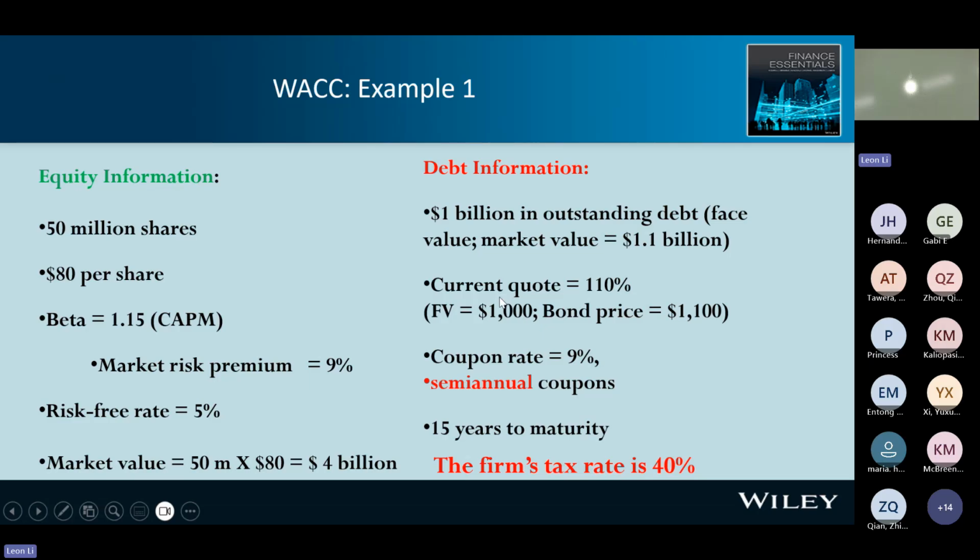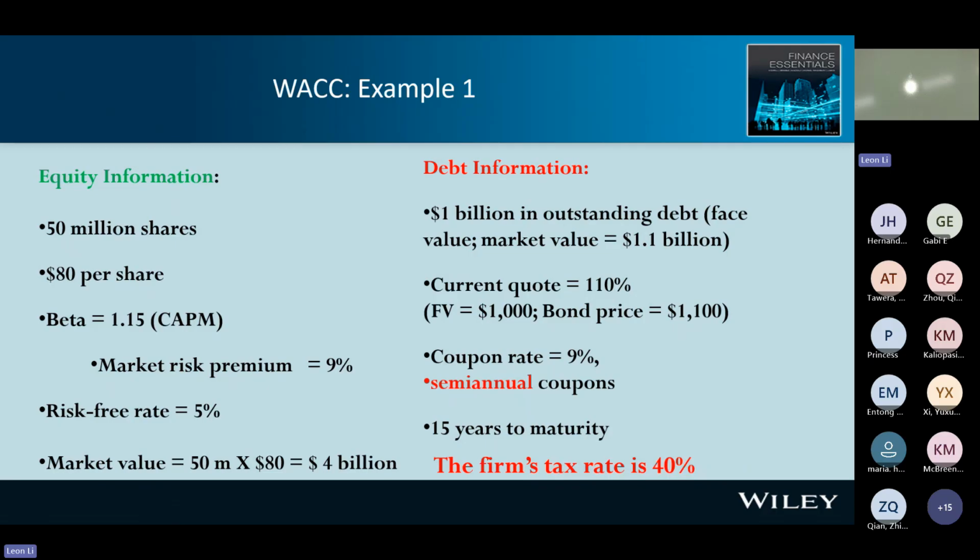Sometimes we use a percentage to show the bond price, so the quote is 110%. That means par value 1,000, bond price 1,100. Coupon rate 9%. Having this information, I know how to calculate the bond's yield, or YTM.